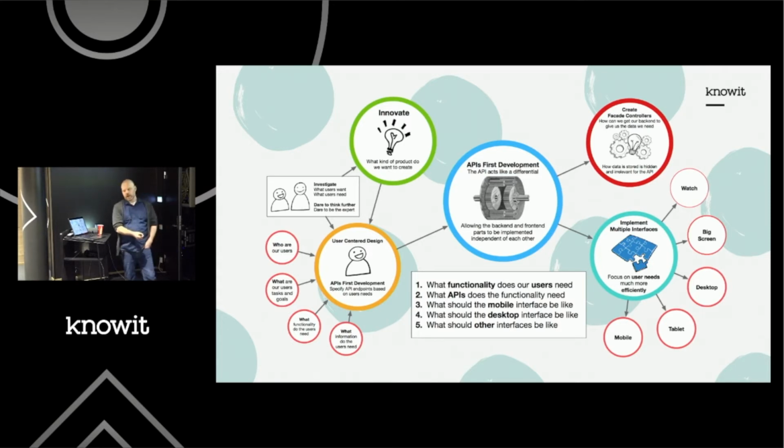This is from a talk I've done several times through the last 3 or 4 years. Because this then is the benefit of what could be called API-first development or API-driven development.